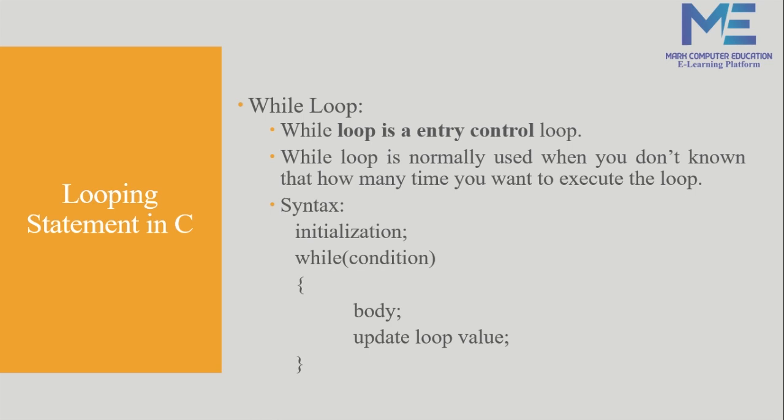Inside parentheses there will be a condition, then curly brackets. Inside them there will be a body part and an updation expression. The updation expression can be an increment, decrement, addition, or subtraction, whatever you want to do, but you have to update the loop value.